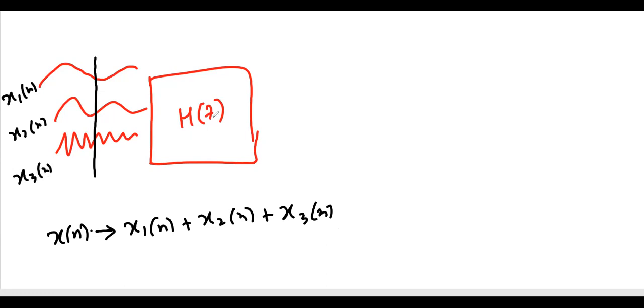Now, whenever they pass through this filter, due to the phase response H(omega), all the frequency components will not have the same phase. When they reach the output, they make some delay. What kind of delay?